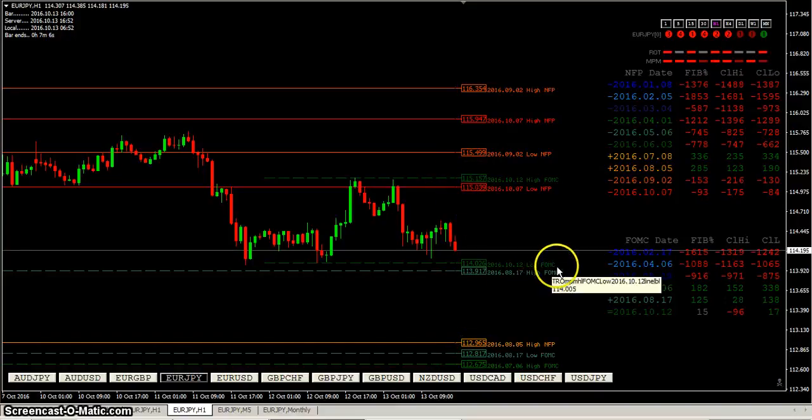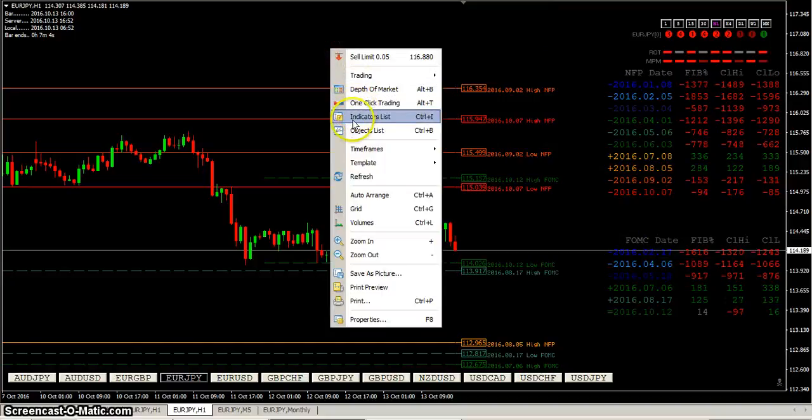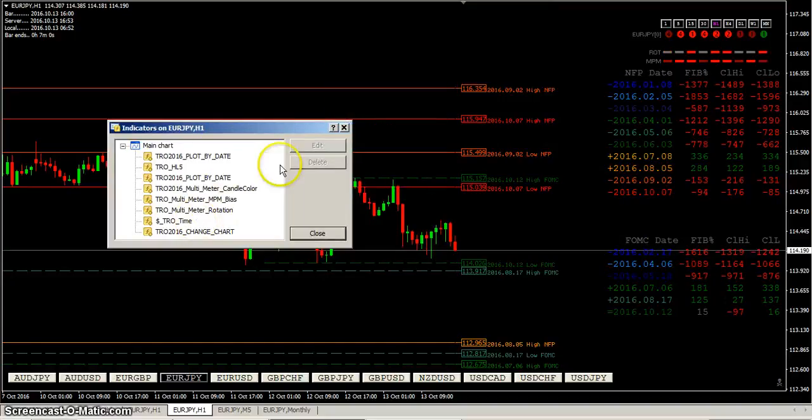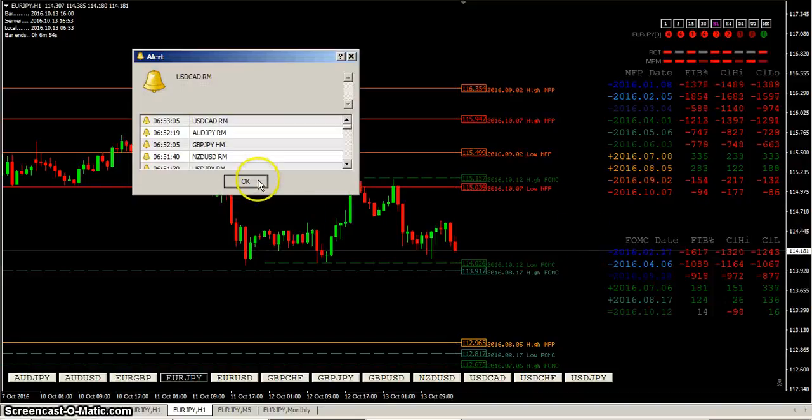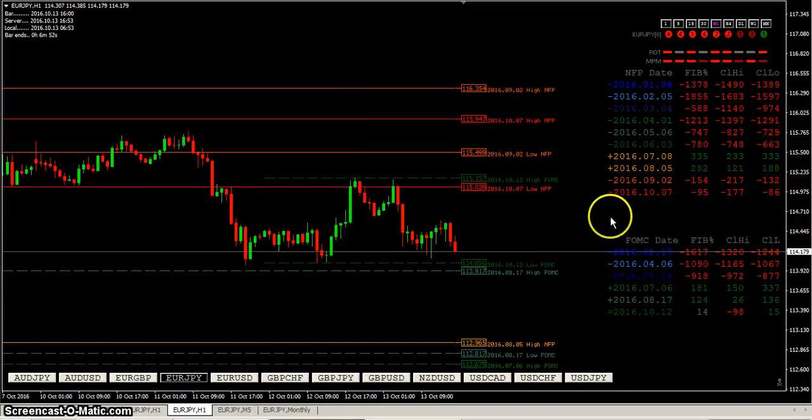Now we do have, on this particular one, I also loaded up a second instance of the plot by date indicator here. And what that will allow you to do is go in, you just have to give it a different name because it's plot by date.